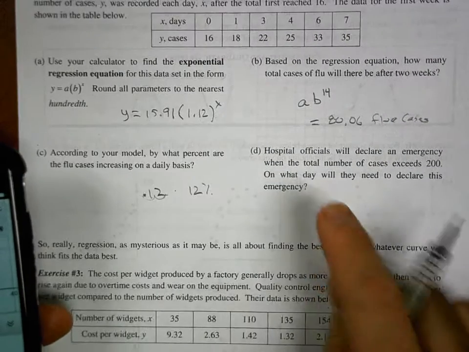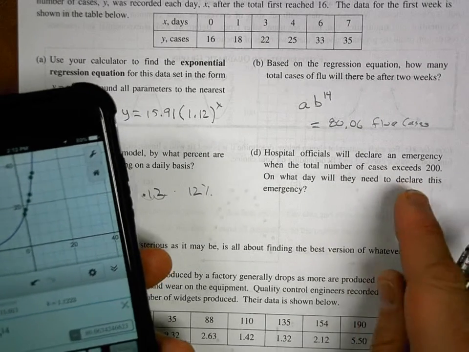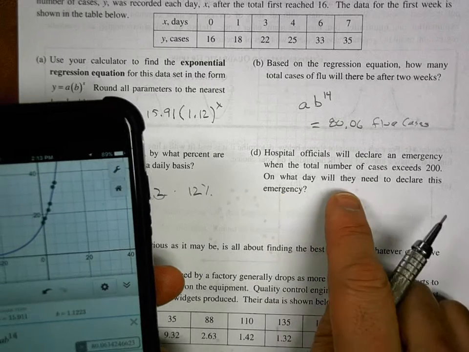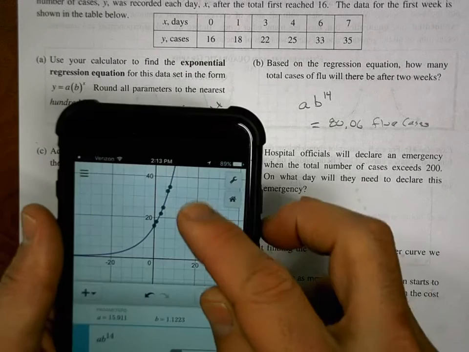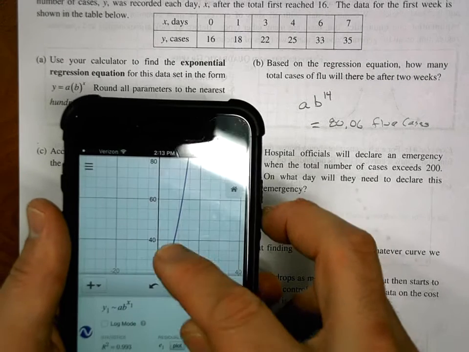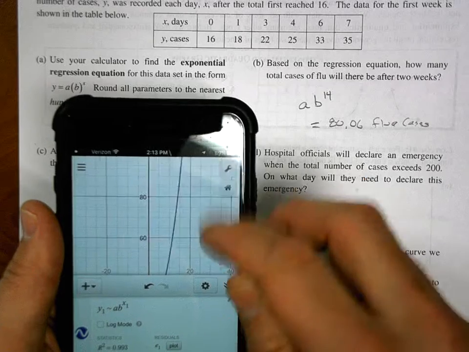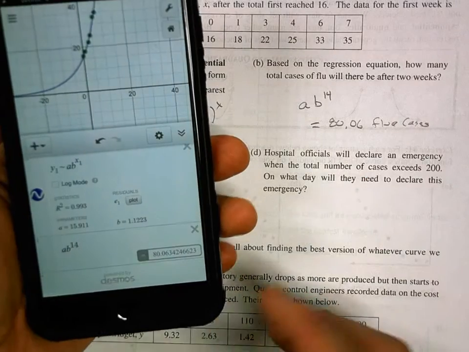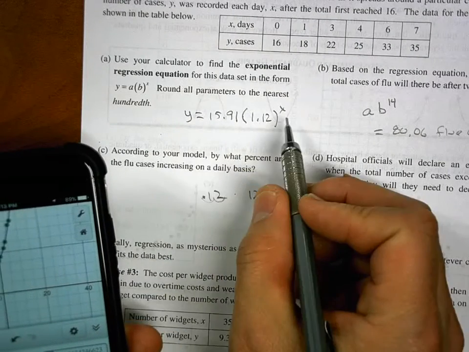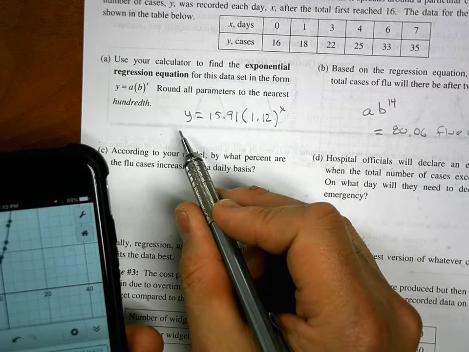Okay, D: hospital officials would declare an emergency when the total number of cases exceeds 200. On what day will they need to declare this emergency? Way up here, when there's 40 cases, 60 cases, 80 cases, 200 cases, we want to know which day that's going to occur. On our equation, where would we want to put the 200, in the x or the y?